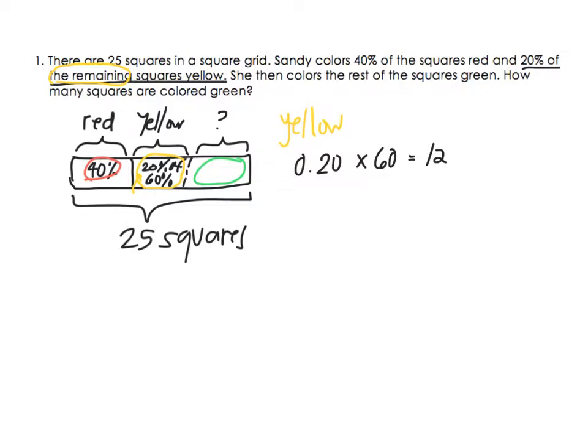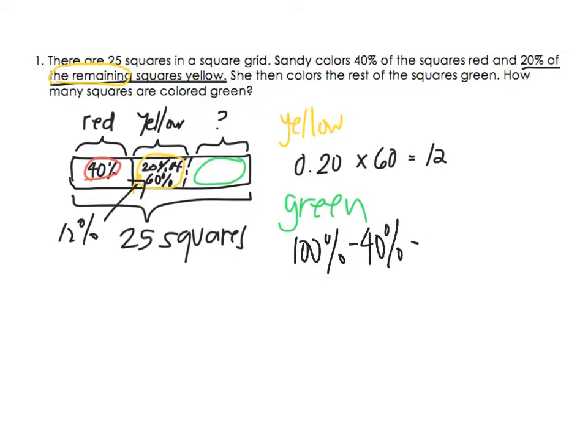You can now change this value here to 12%, and that will give you an opportunity to solve for the percentage for green squares. So 100% minus 40% minus 12% will give us 48%.